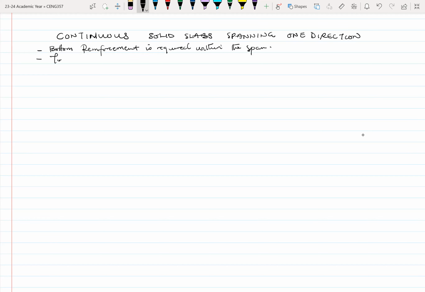And then top reinforcement is required over the supports.